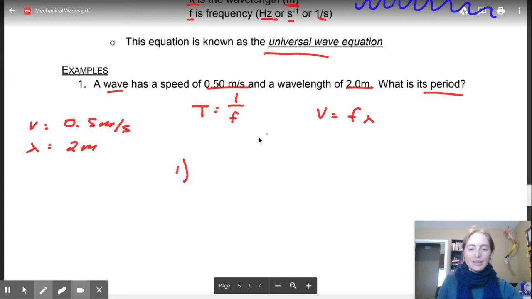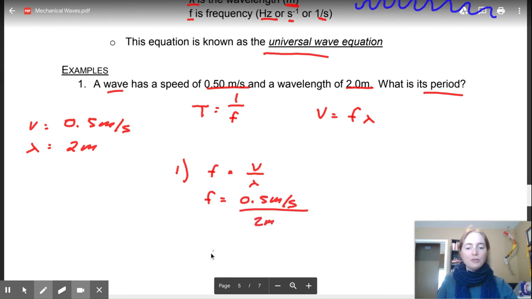So my first step is going to be to take this equation and rearrange it to calculate the frequency. So the frequency is speed over wavelength: 0.5 meters per second divided by the wavelength of 2 meters. I'm going to be left with a frequency of 0.25 hertz.